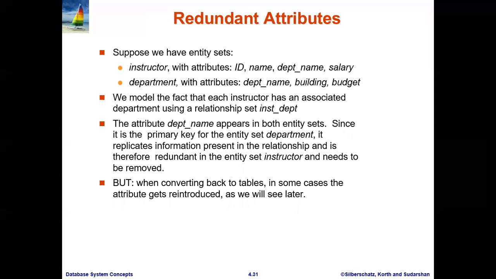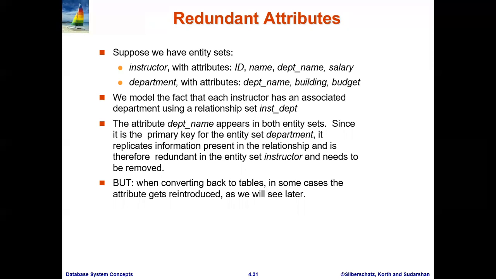The attribute department_name appears in both entity sets. So you can observe department_name comes in instructor also and in department also.